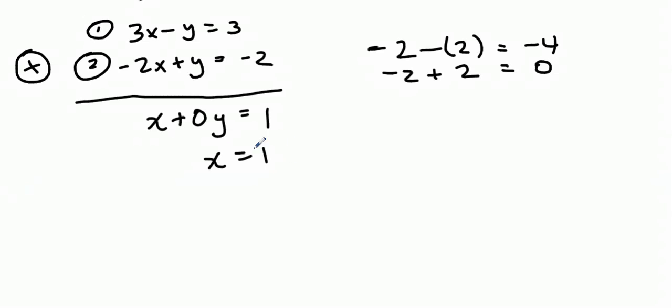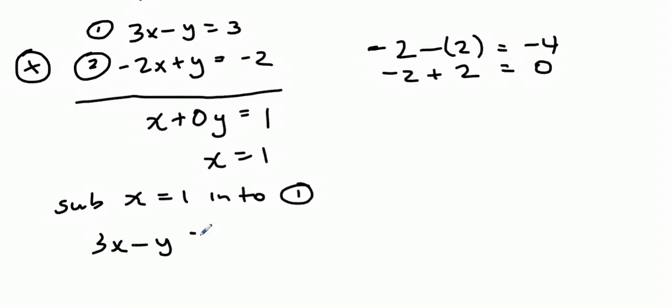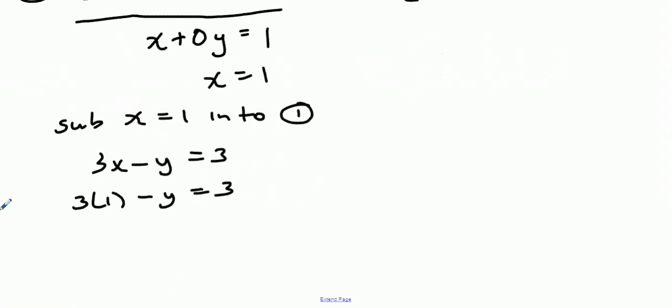Now I'm just going to sub x equals 1 into either of my equations. I'm going to solve for y, and I'm going to do my check. Okay? So sub x equals 1. It doesn't matter which one; I would say into 1. So this is going to be 3x minus y equals 3. And then 3 times 1 minus y equals 3. Just keep going here.